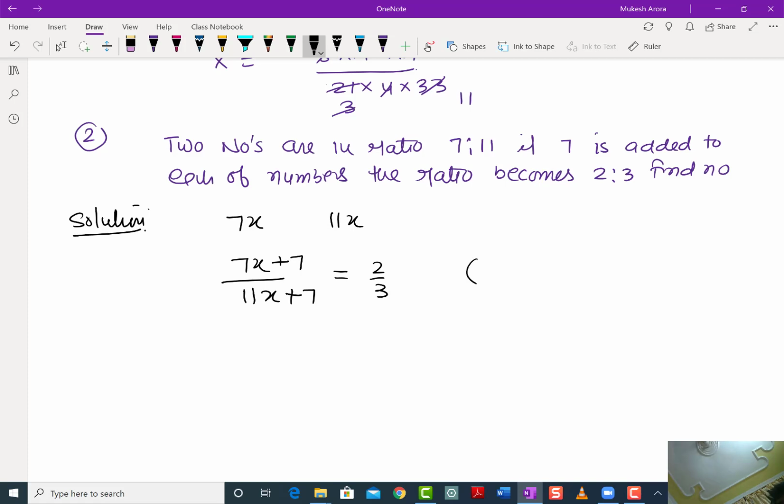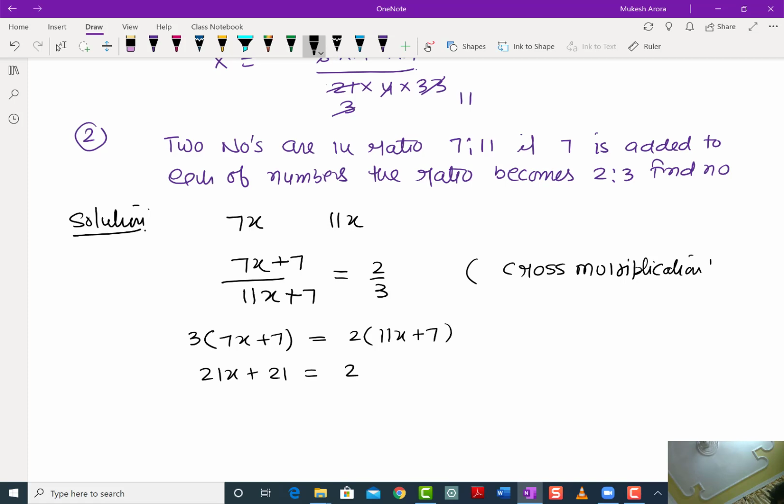Cross multiplication: 3 into 7x plus 7 is equal to 2 into 11x plus 7. 21x plus 21 is equal to 22x plus 14. So x is equal to 7.